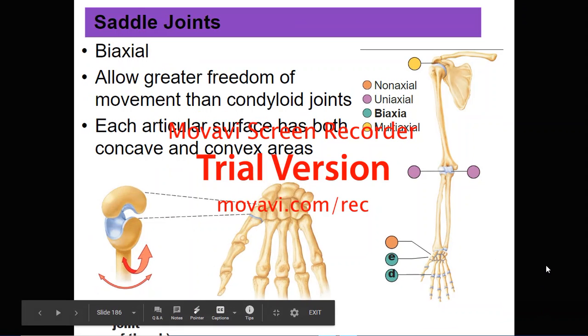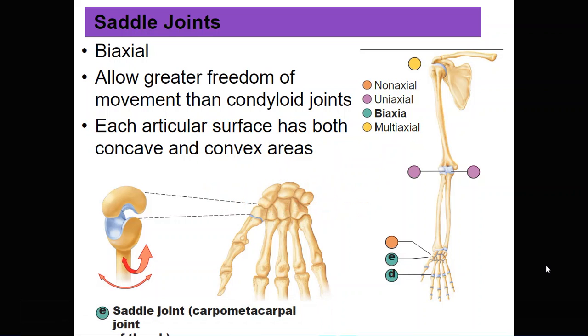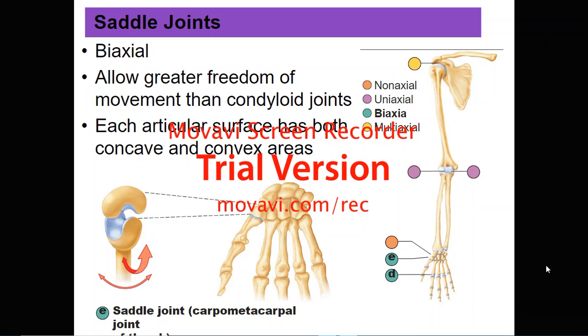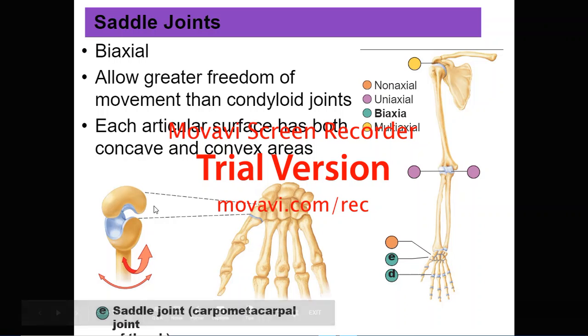With your saddle joints, okay, so this is again biaxial movement. So you have flexion, extension, adduction, and abduction, but the articular surfaces are both concave and convex. So you see how concave and convex, you see that right there.